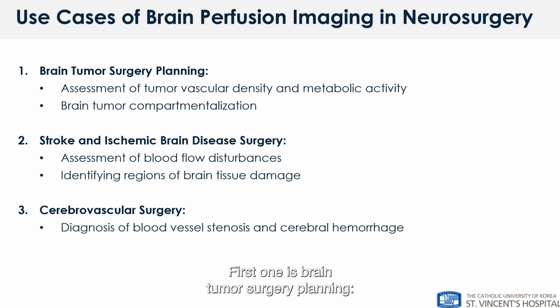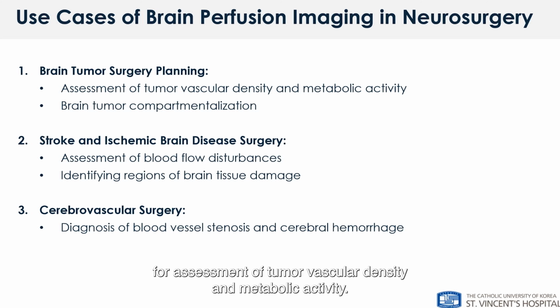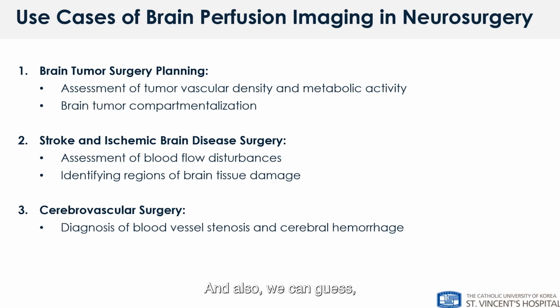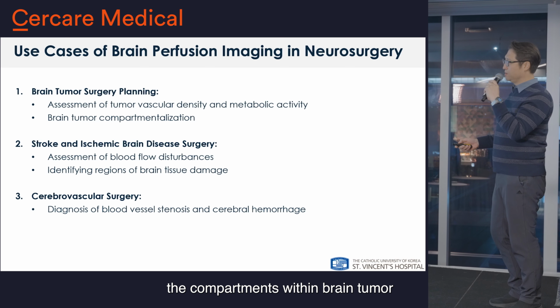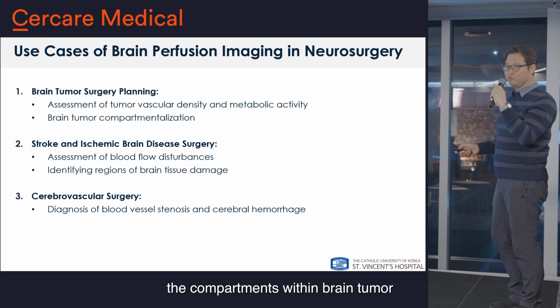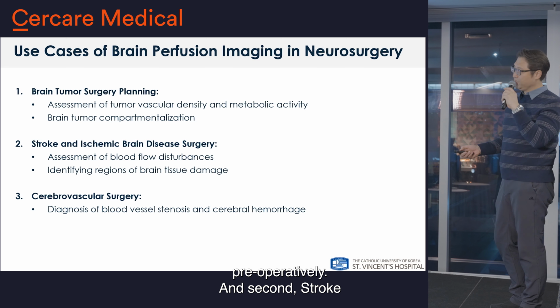First one is brain tumor surgery planning. The perfusion MRI is very helpful for assessment of tumor vascular density and metabolic activity. And also, we can guess the compartment within the brain tumor preoperatively.